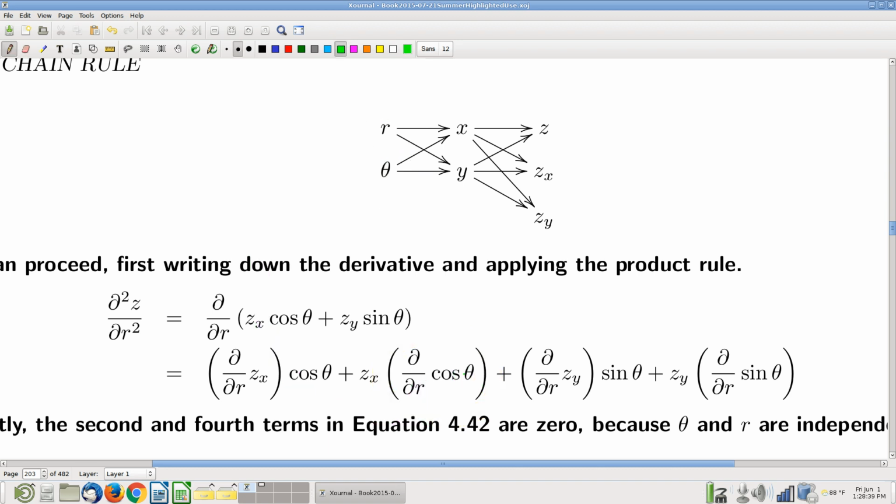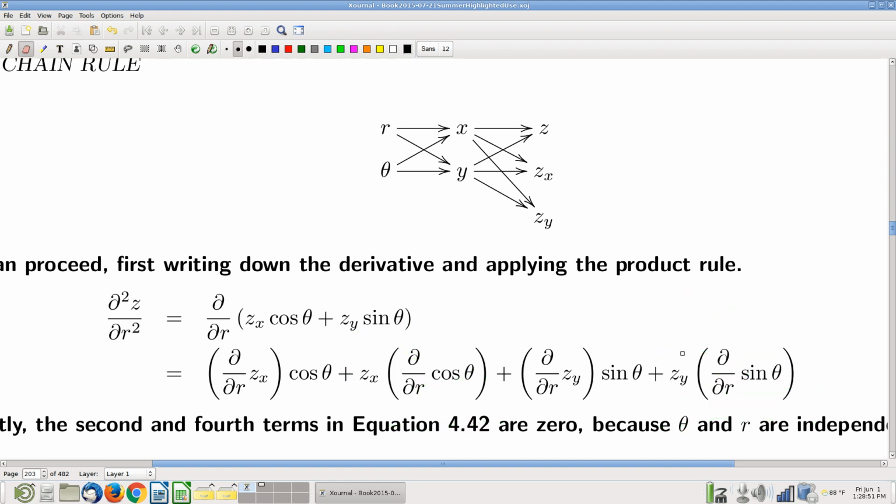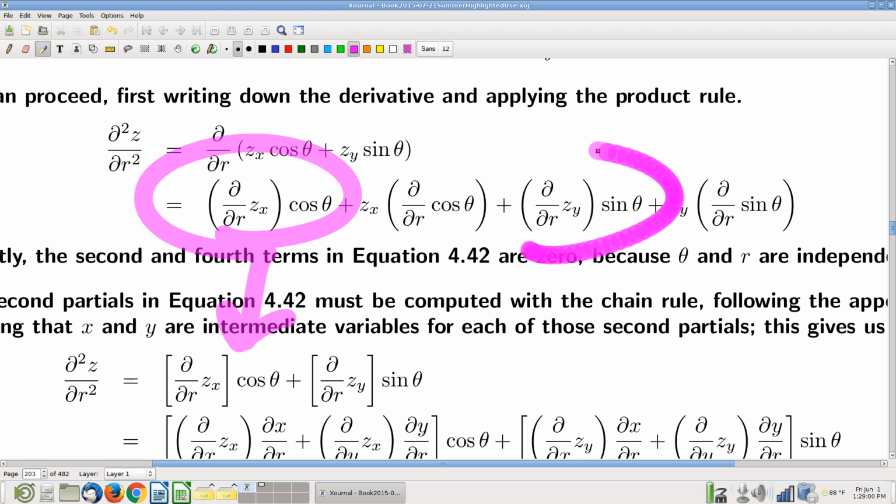Right, so this is 0. That means that this whole factor goes away. Likewise, this whole factor goes away, and we're left only with these two terms. That term and that term. Yeah, everybody good? Questions? Feel free.